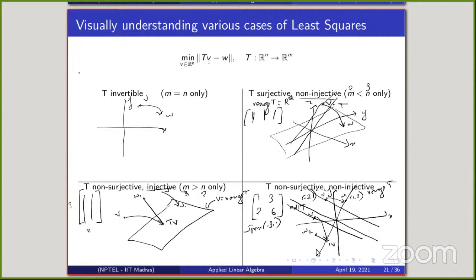So I hope this gave a better picture of what it means when we say there is a unique minimizer for TV minus W, and what it means when we say that the minimum has multiple solutions. I hope this gave a better picture of what it looks like. So yeah, if you had any questions about this, please make sure you put it in the chat box.